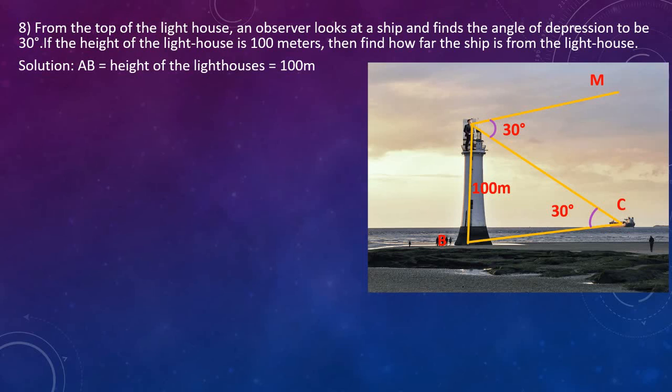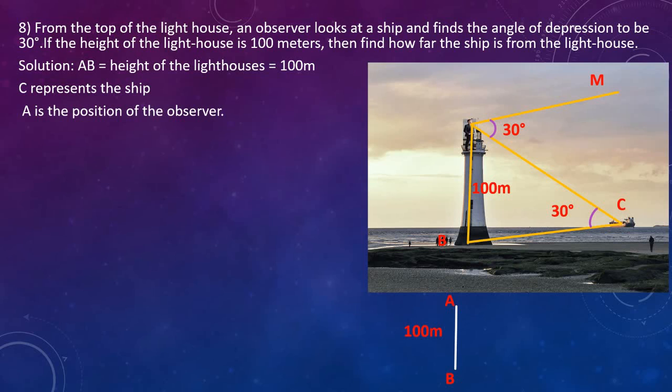Now let us formulate this sum in the form of diagrammatic representation. So here AB is the height of the lighthouse, which is 100 meters. C represents the ship and A is the position of the observer. So BC is nothing but the distance of the ship from the lighthouse.